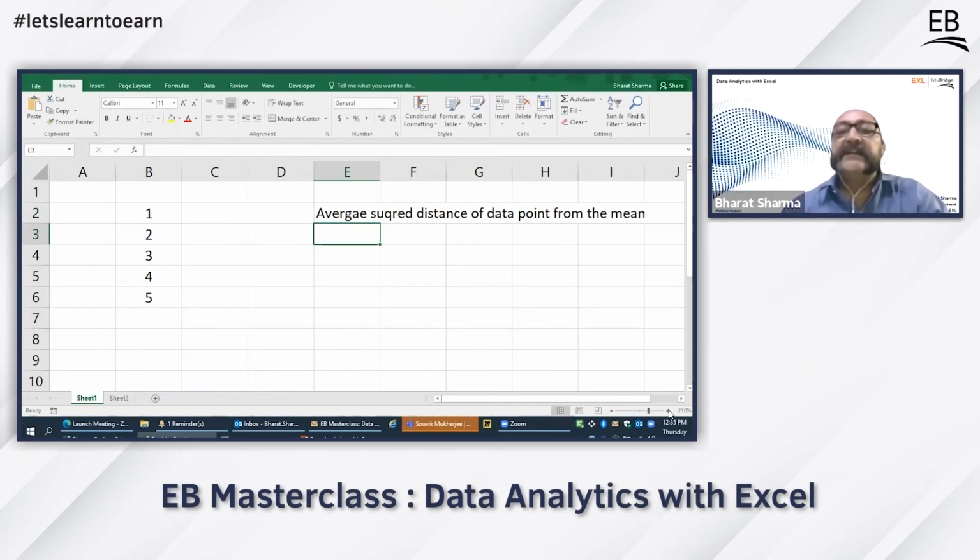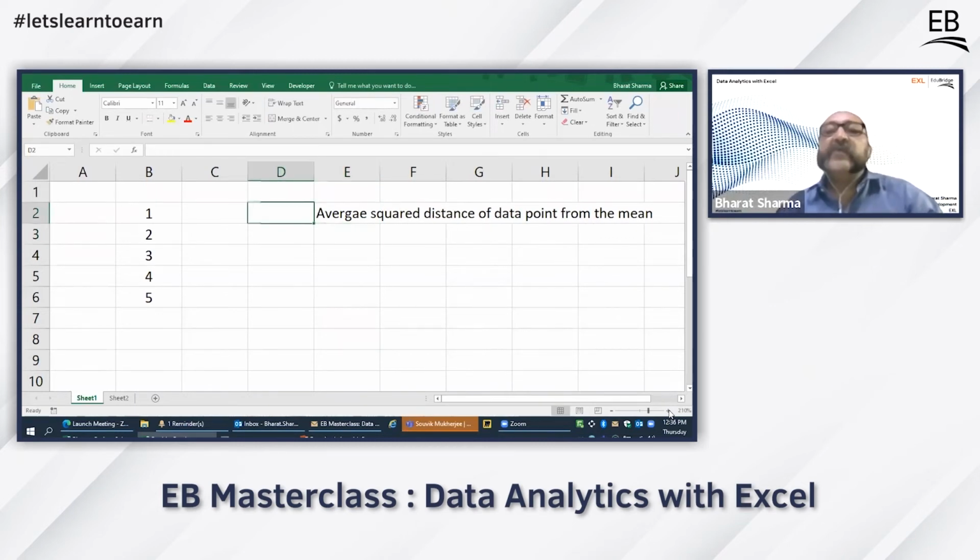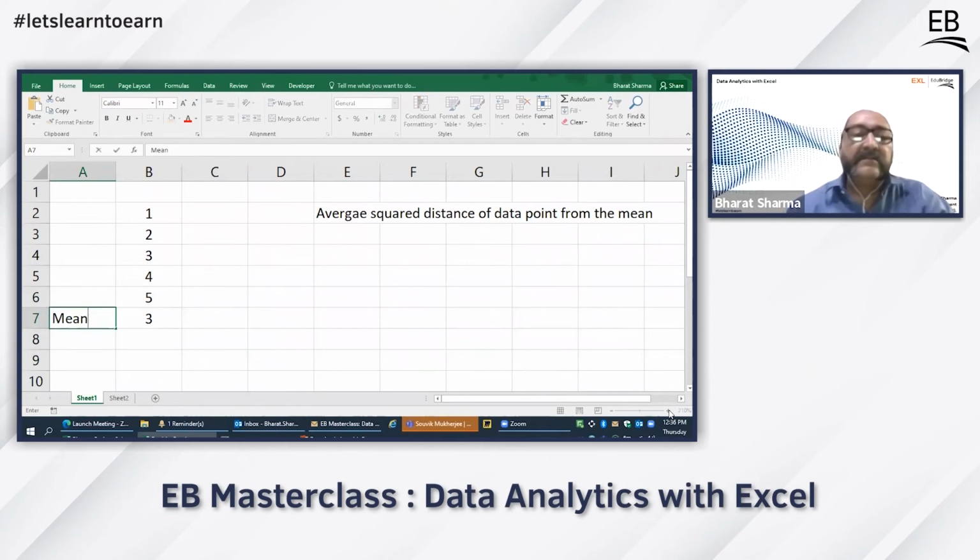So let's understand this. Average square distance of data point from the mean. So what does it mean? Which means first I need to calculate the mean. Okay, the mean I know is 3, which I already calculated, or average is 3.